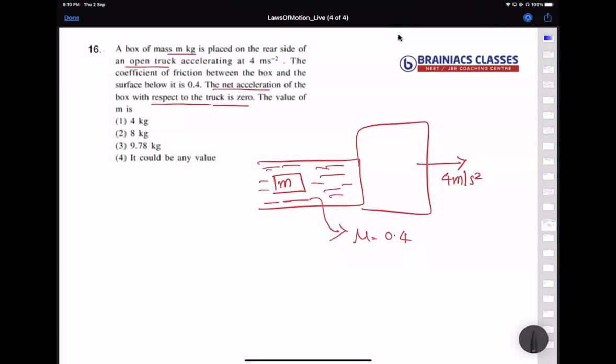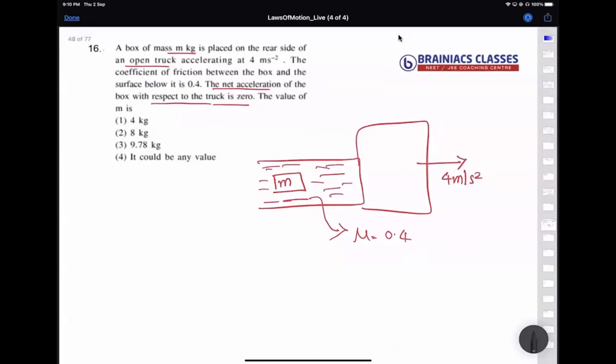Compared to the truck, the box's acceleration is 0. This means the box is also traveling with the same acceleration as the truck.